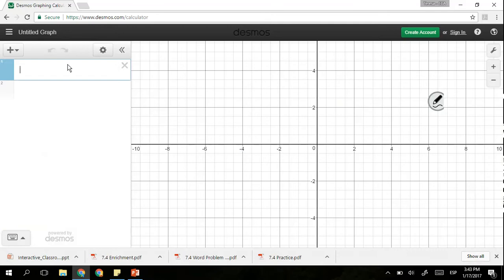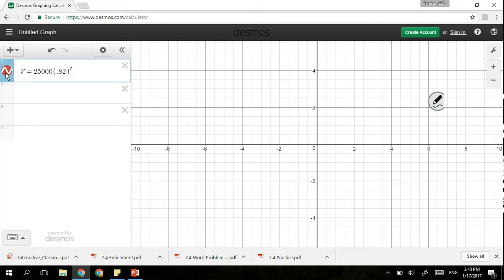So v, we're going to do 25,000 times 0.82, and then we're raising it to the x, I guess we'll say. And so if I want to graph this, I can say v equals, and we can call this t if we want to.